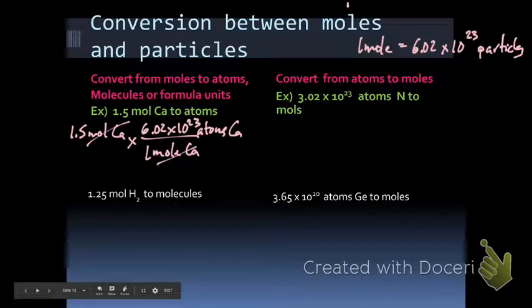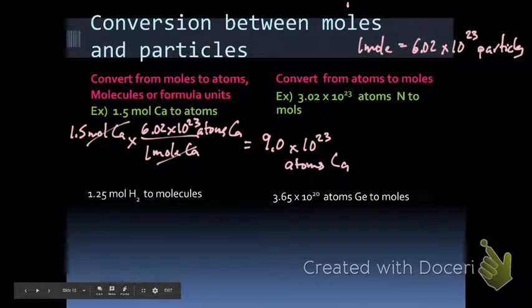Now, in this case, when you're multiplying exponents, or you're using scientific notation, on my calculator I press EXP. Some of you would use E. Some of you will have it times 10 to the as well. So you kind of have to figure it out for your calculator. So the number of atoms would be, for me, 9.0 times 10 to the 23rd atoms of calcium.